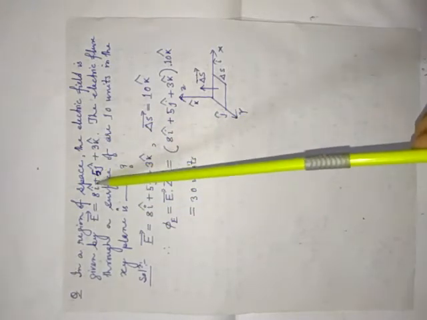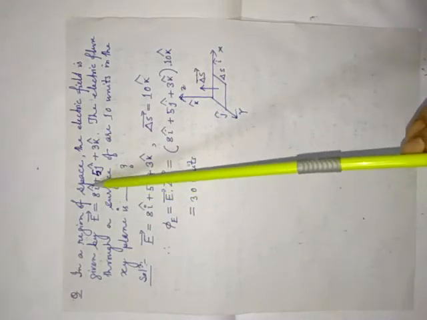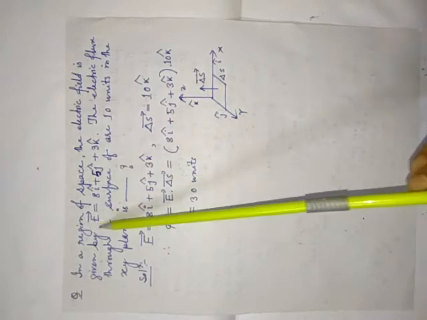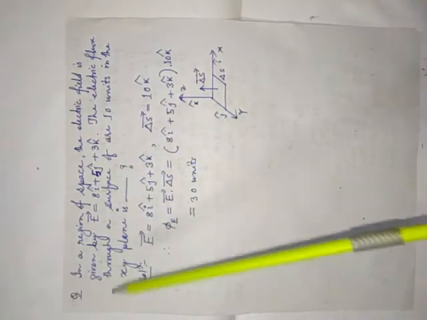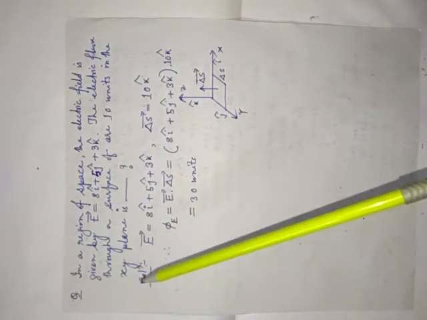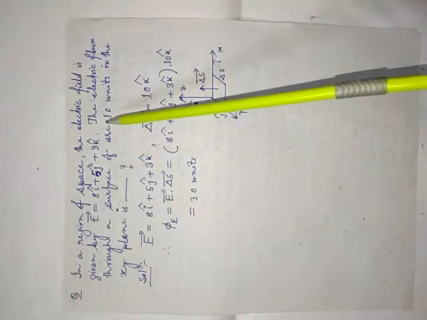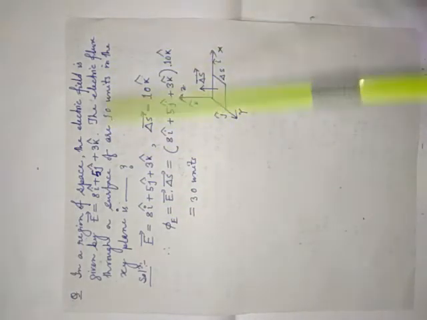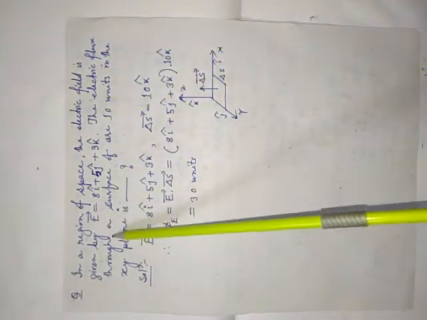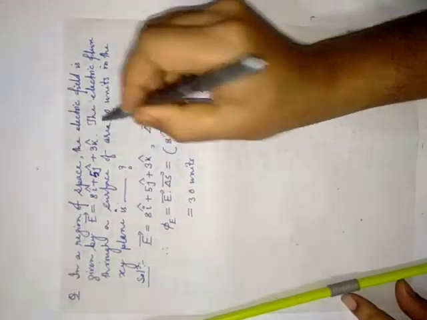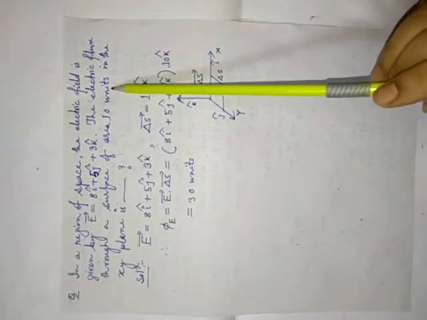In the earlier question only one direction was given, suppose a i cap. Okay, but this time all the three components are given. That means the electric field, the magnitude is distributed in all the three directions.